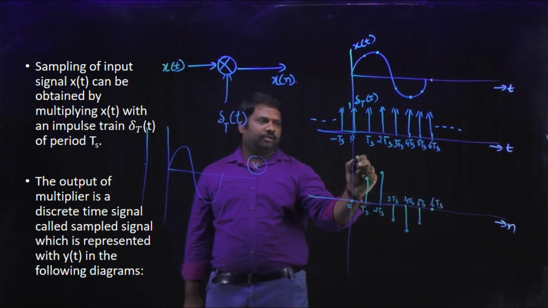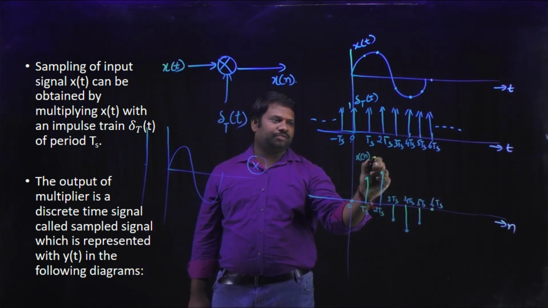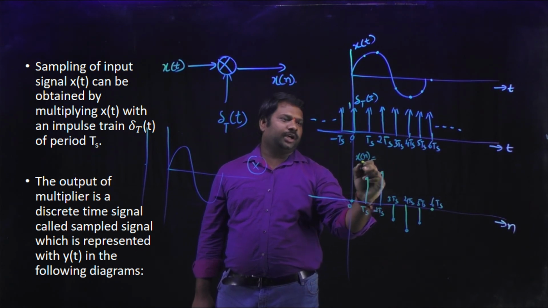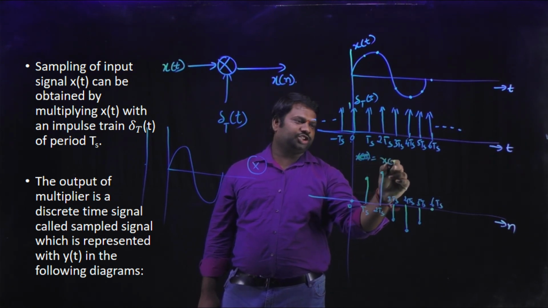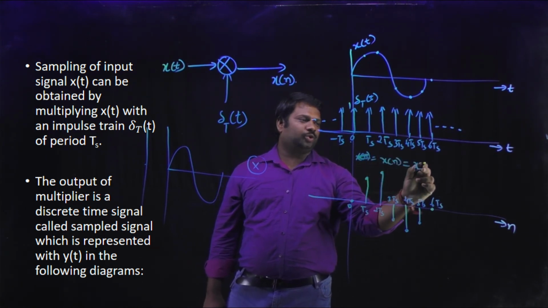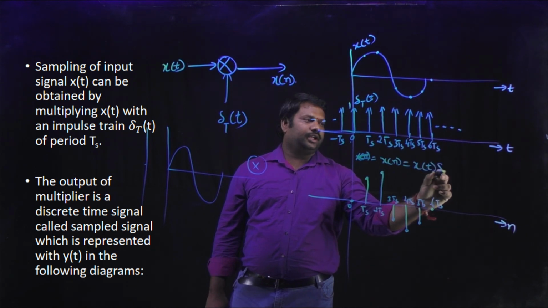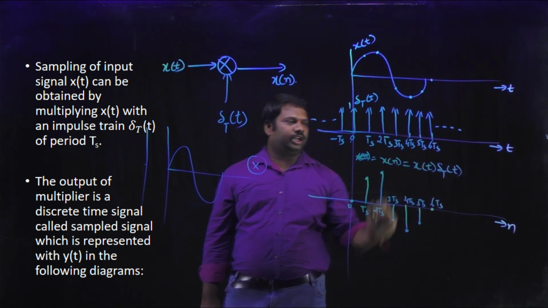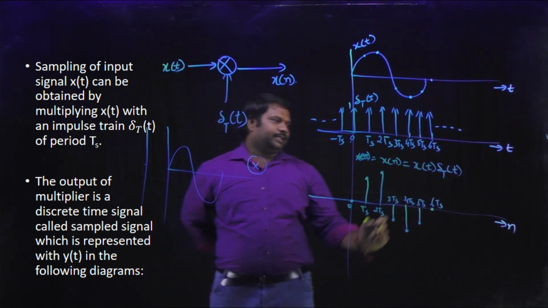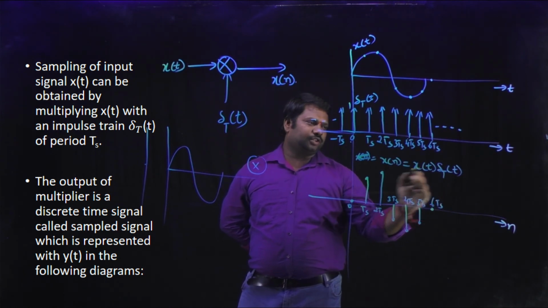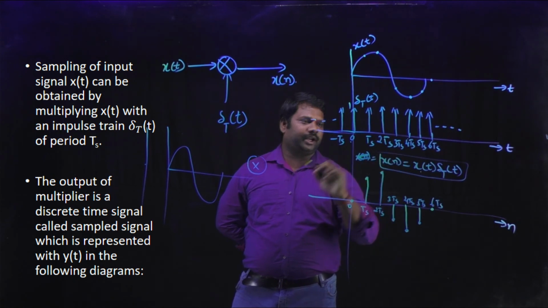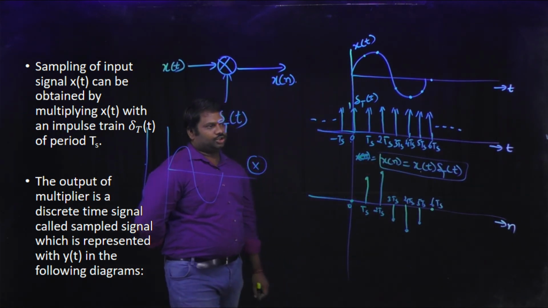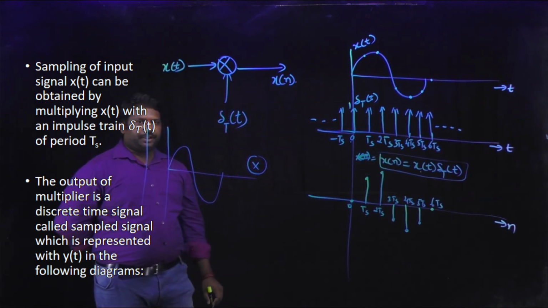This is our discrete version x of n, which is equal to x of t multiplied by delta t of t. Let us consider this multiplication of the two signals. Therefore, this is our discrete time signal, x of n equals x of t delta t of t.